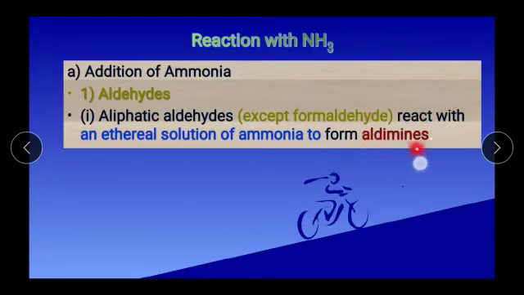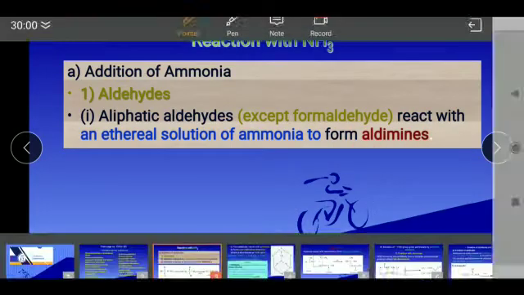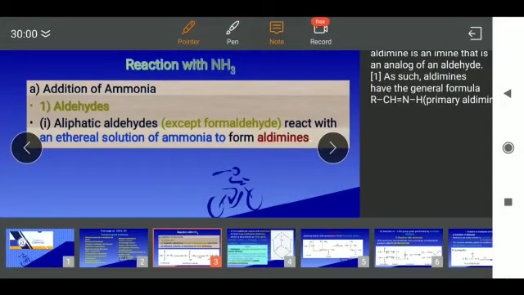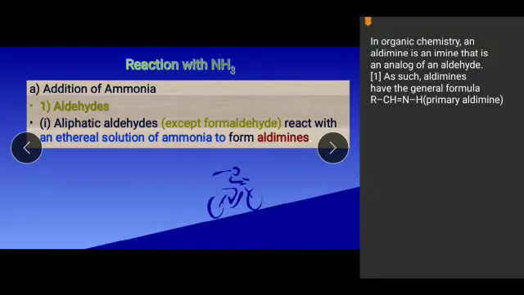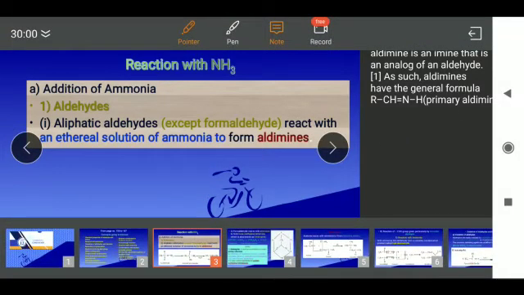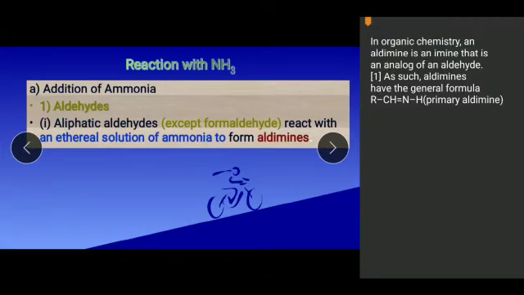What is aldimine? From the name, it is a combination of imine and aldehyde. What is aldehyde? C double bond O H is aldehyde. What is imine? C double bond NH. So both combined, we get aldimine.